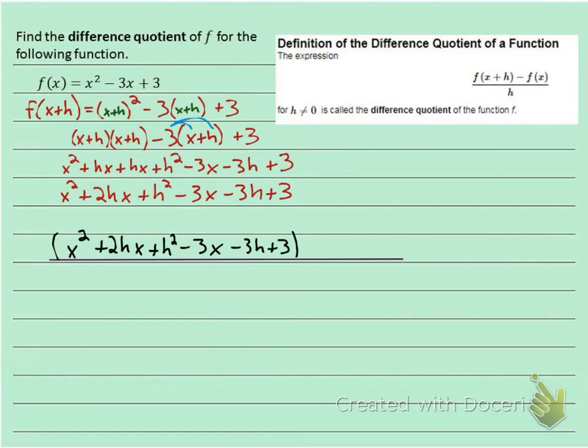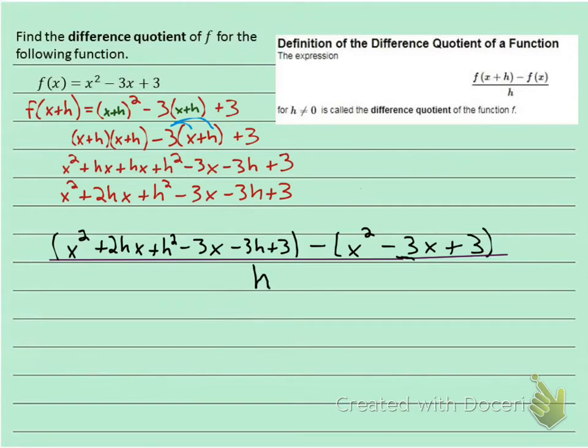That's the f of x plus h minus the f of x, which is this up here that they gave us. So that's going to be x squared minus 3x plus 3. All right, that's my numerator, and it all goes over h.